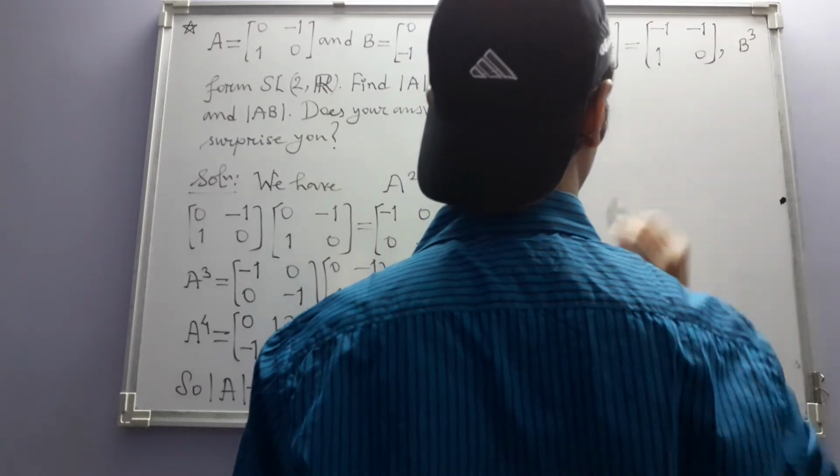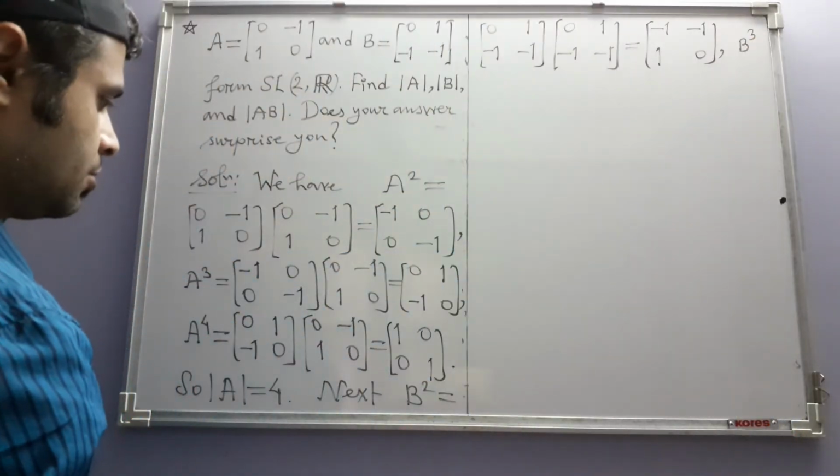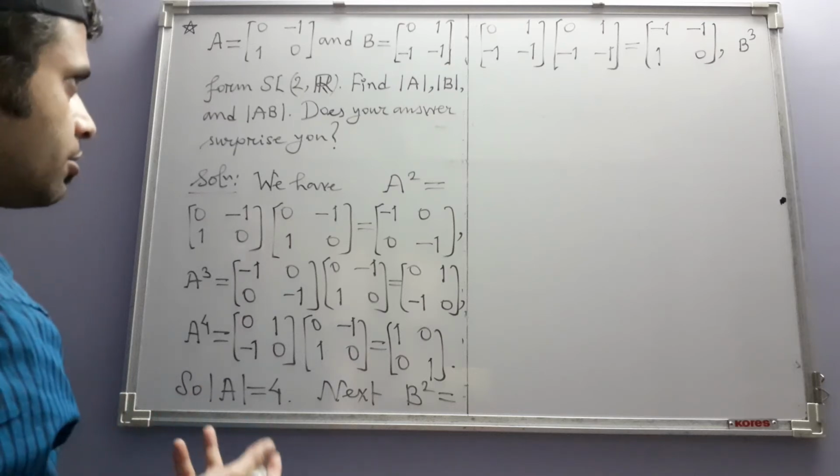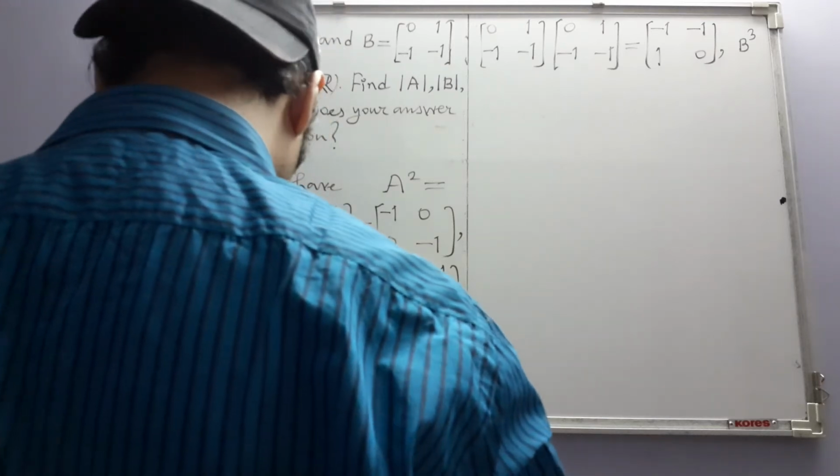Okay, what about B cube? Oh, so B square also is not equal to the identity.